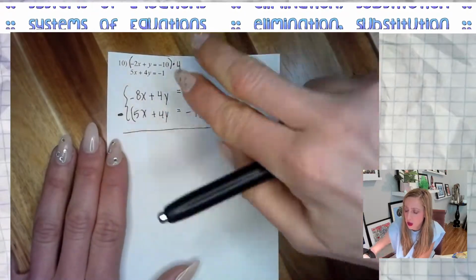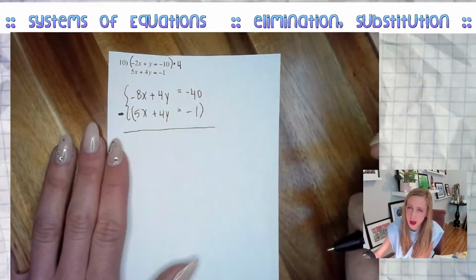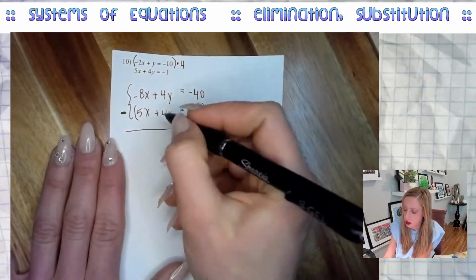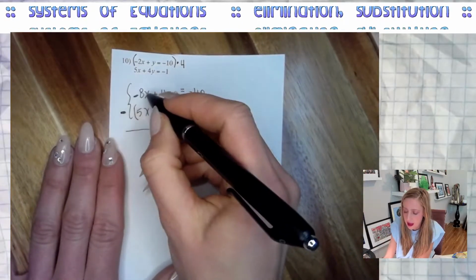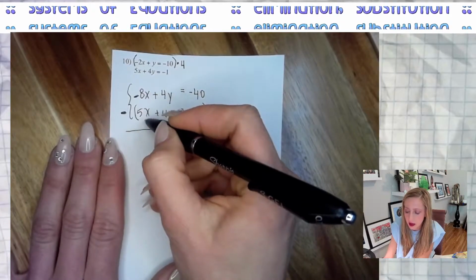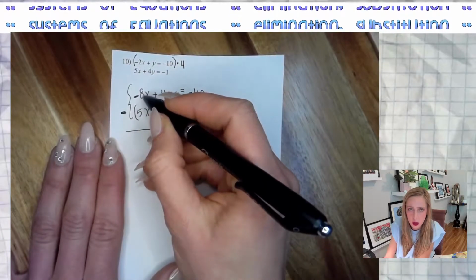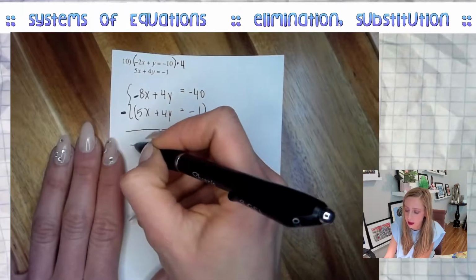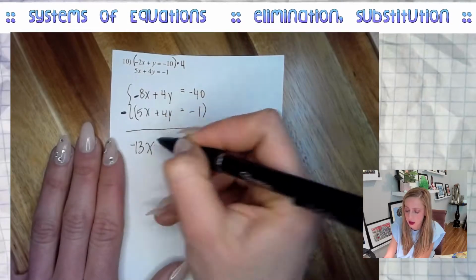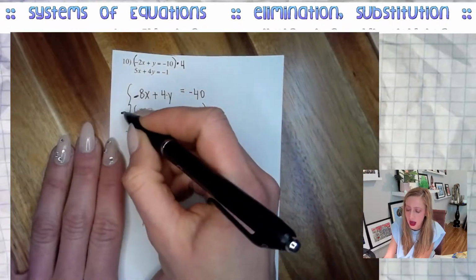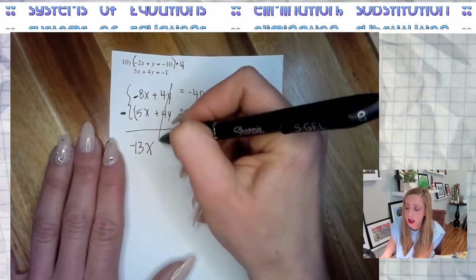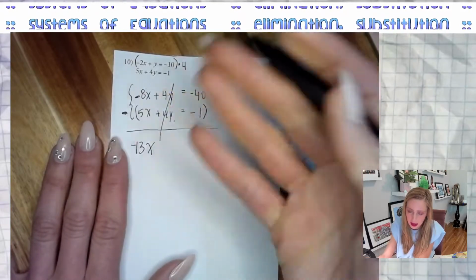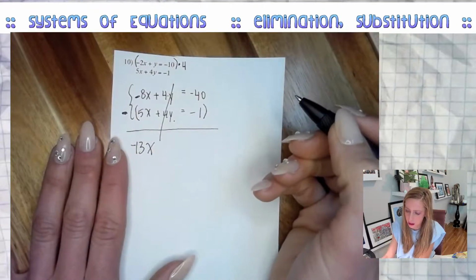If it ever helps you and you want to flip-flop which one's on top or bottom, you could do that. That's allowed. If that makes it easier for you for some reason, you could do that. Now carefully. Negative 8x minus 5x. I'm already in a hole 8 feet deep and I'm going 5 feet deeper. Pretty deep now. How deep? Negative 13x. 4y minus 4y, eliminated. You don't always have to eliminate the y. You can eliminate x. I just happen to choose that for these two.